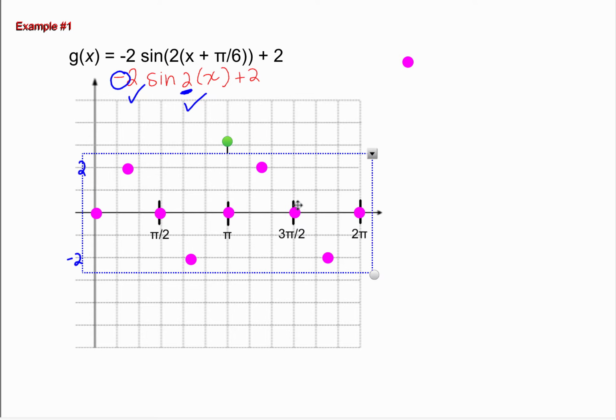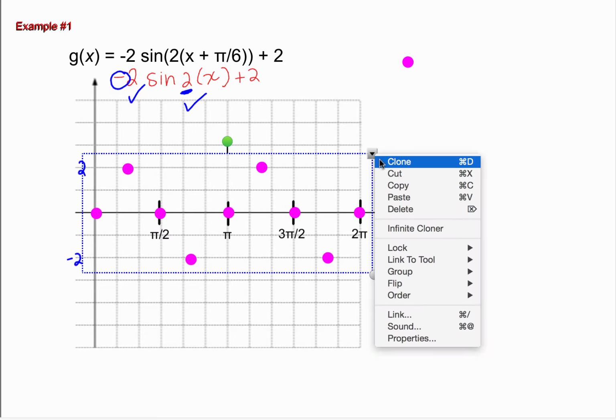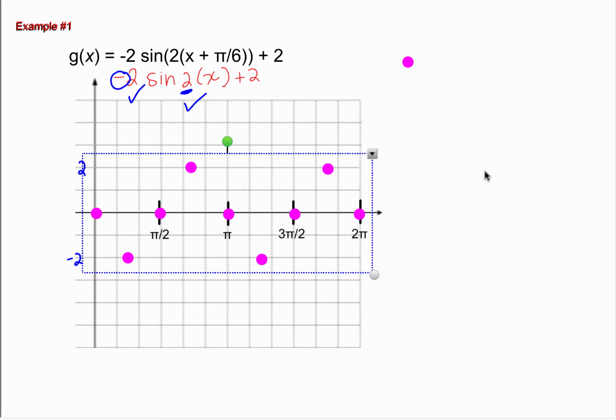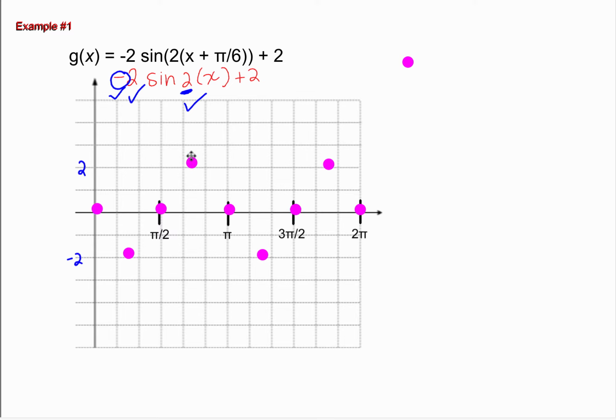I'm going to group them together. And then since it's a -2, that means to just flip. Boom, there we go. Now I have the negative part of the amplitude. And now I'm going to shift up 1, 2.